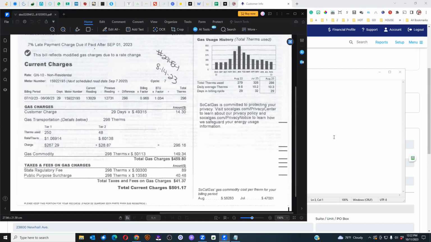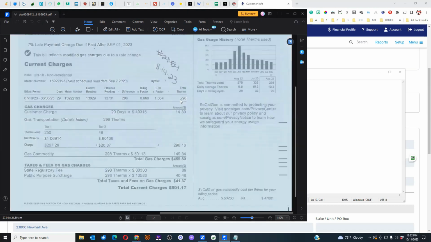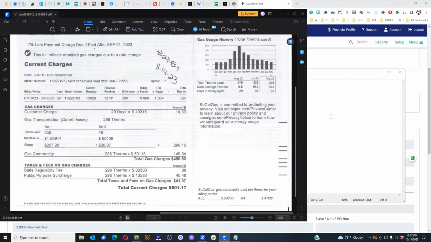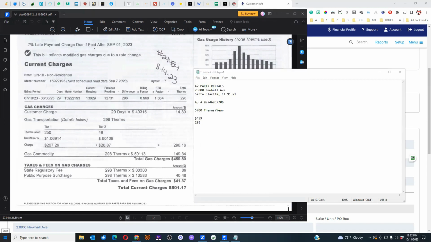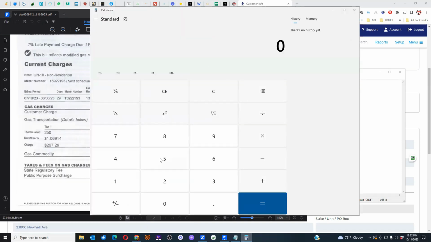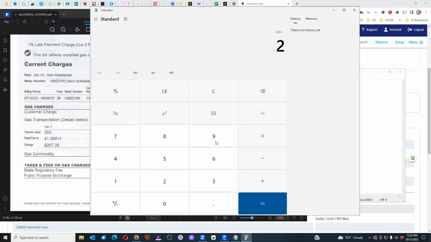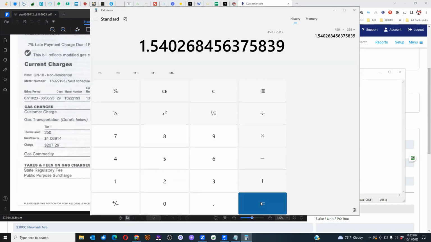So we take 459, which I have right here, and then whatever their usage is for this month, which is right here, the 298. So if we take a calculator and we take 459 and we divide it by 298, that is $1.54 or 154 cents.